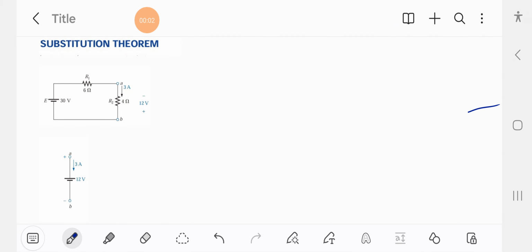Hello guys, today we are going to discuss the substitution theorem. So what does the substitution theorem tell us?